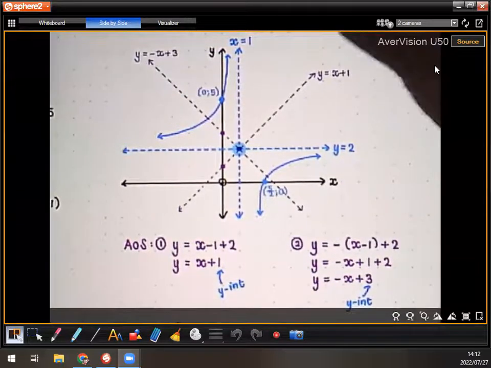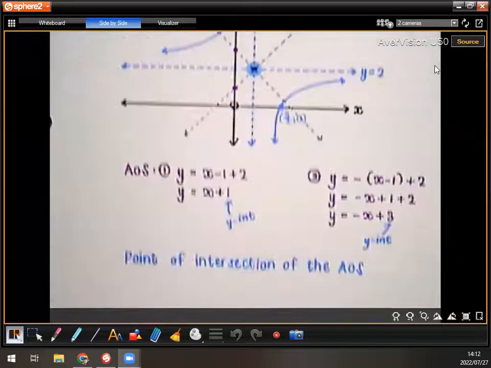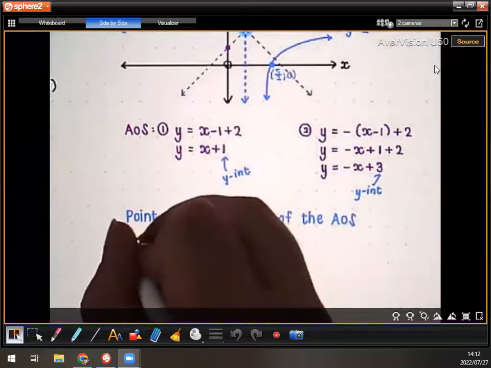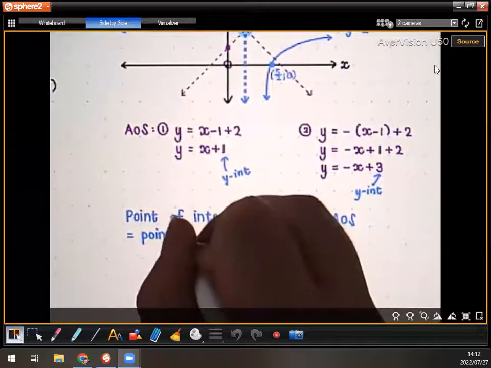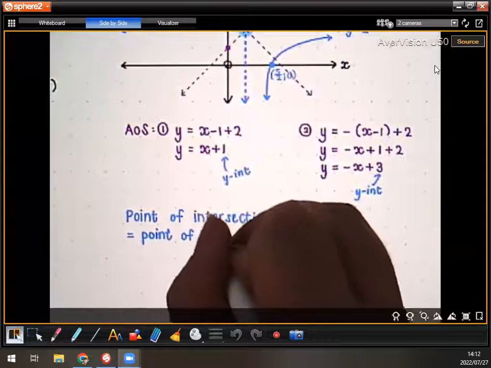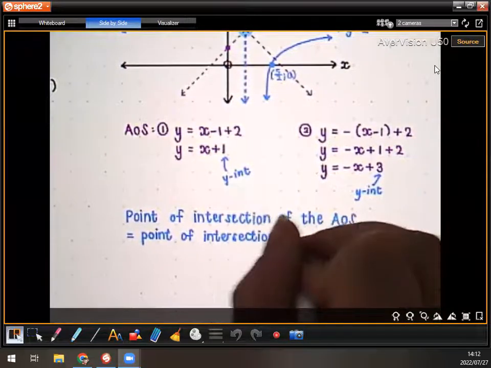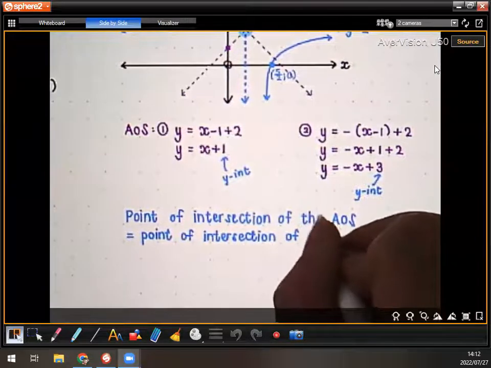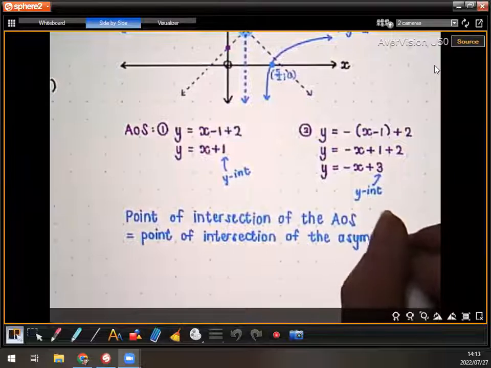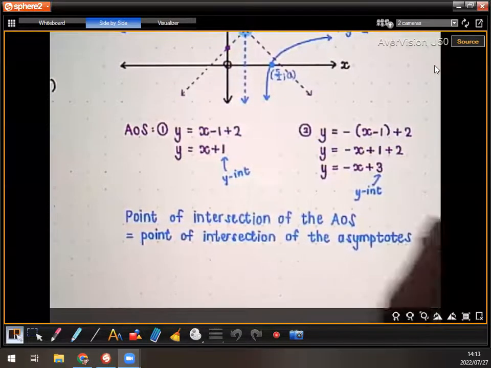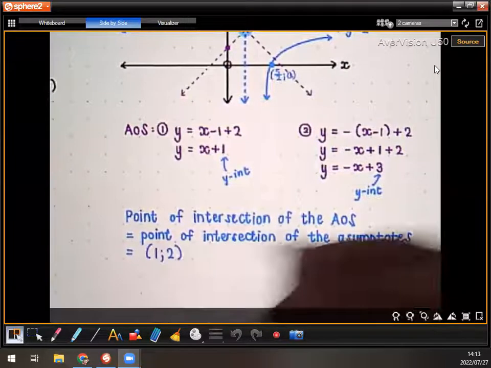Okay, I'm going to write that down now because I said lots of words. Maybe it just didn't all go in. All right, so the point of intersection of the axes of symmetry is equal to the point of intersection of the asymptotes, which in this case is the point 1, 2.